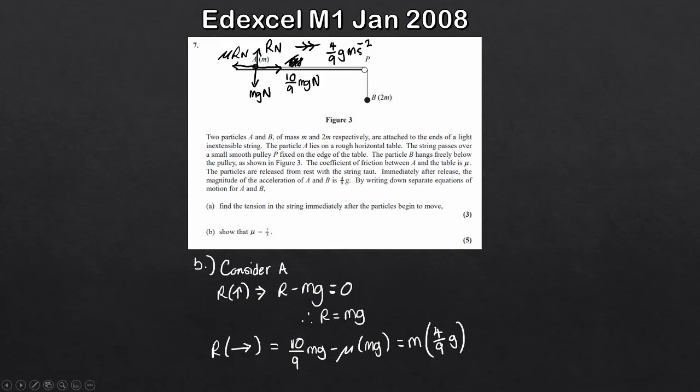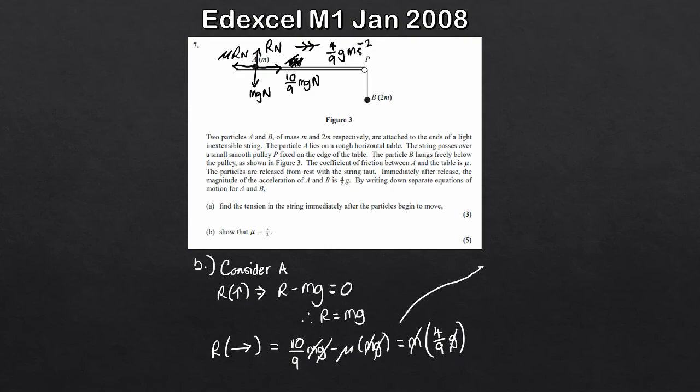There's a lot of simple cancelling we can do here. Each term involves m, so we can divide by m, and each term involves g, so we can divide through by g as well. What do we get left with?